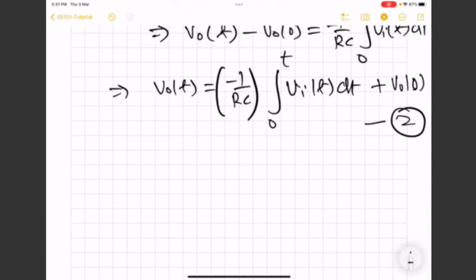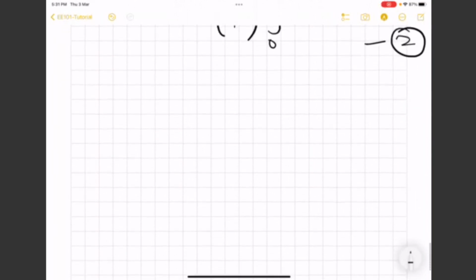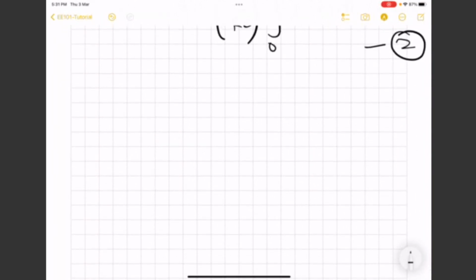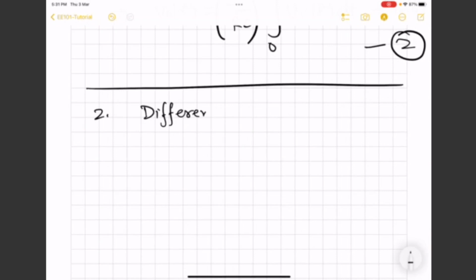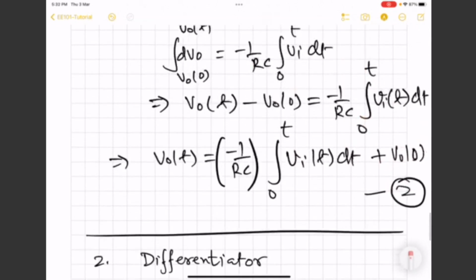Similarly, there is a differentiator also, and for that we just interchange the location of R and C. Let me point out that the Opamp is not the entity which is introducing the functionality of integration.